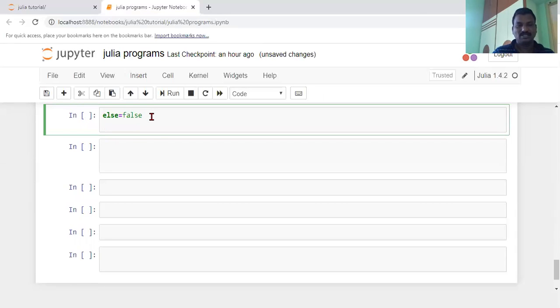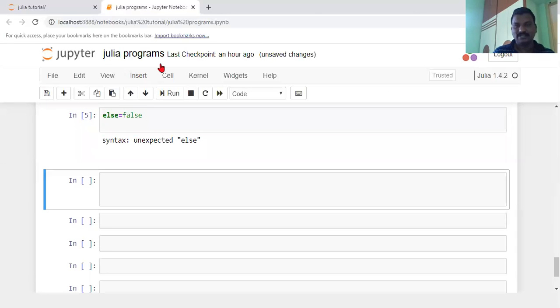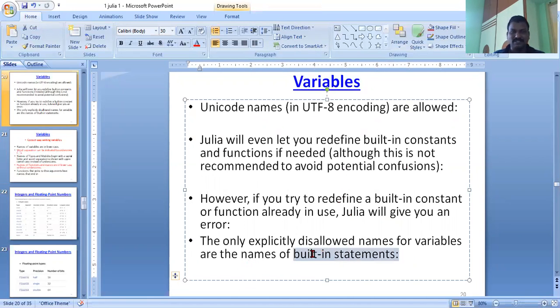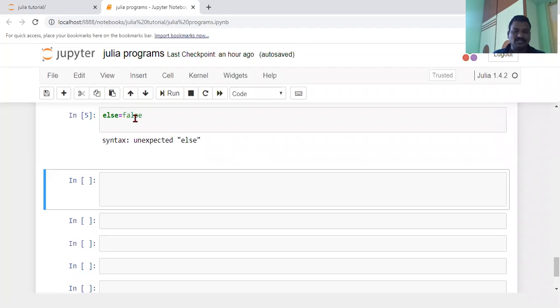Why can't variable names be written in this way? Because Julia disallows built-in statement names as variable names. You cannot use a built-in statement as the name of a variable.